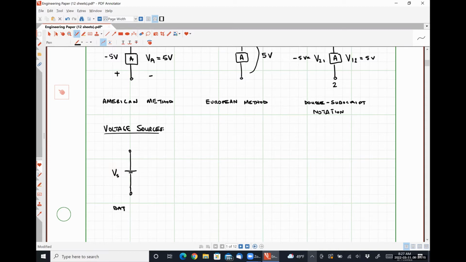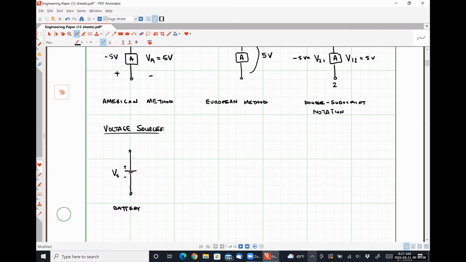Technically, this depiction represents a single cell battery, where the long horizontal line corresponds to the positive polarity terminal, and the short horizontal line corresponds to the negative polarity terminal. Okay.